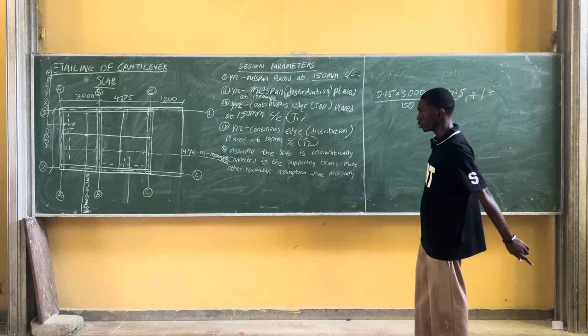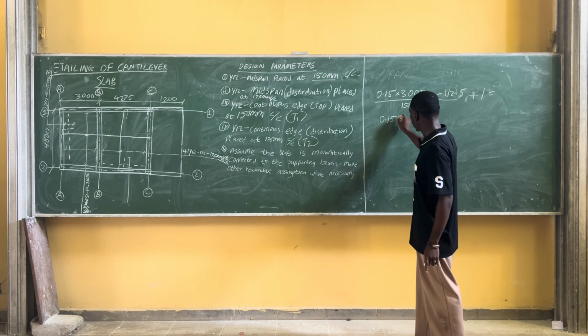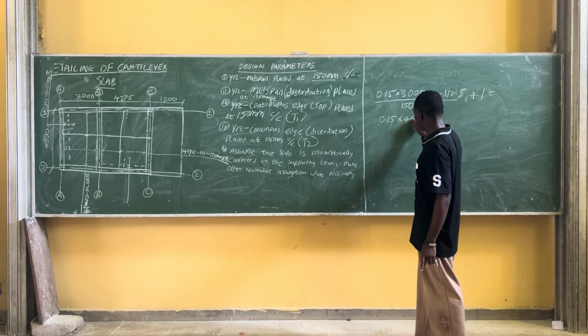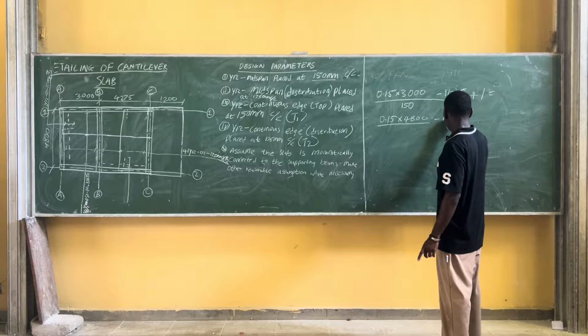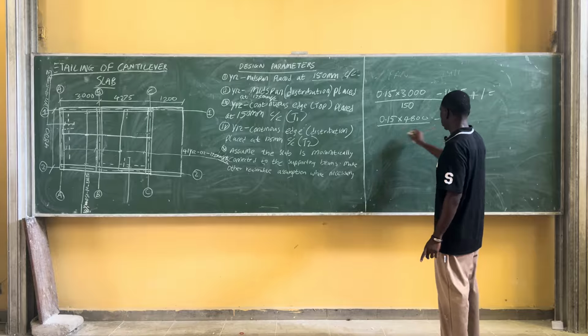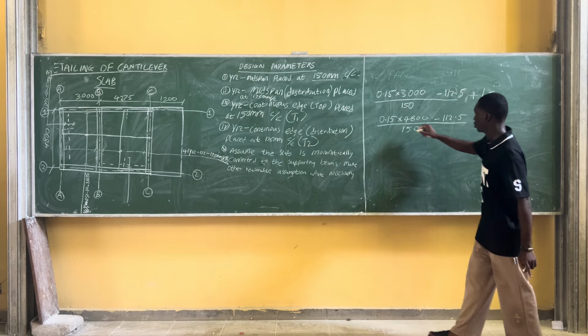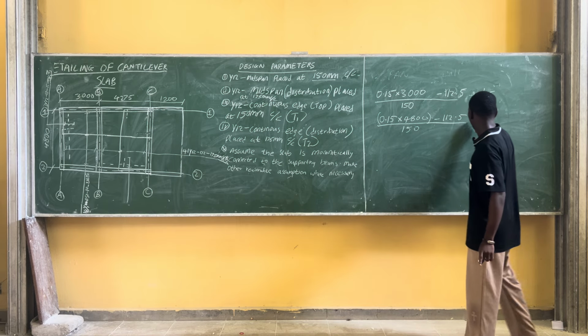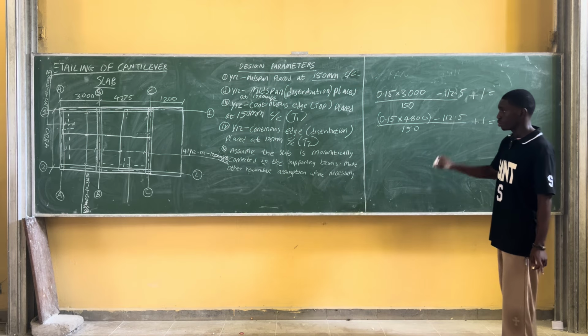That will give us our reinforcement for this part. So 0.15 times 4,800 minus 112.5 gives 5.05, which is approximately 5 bars.